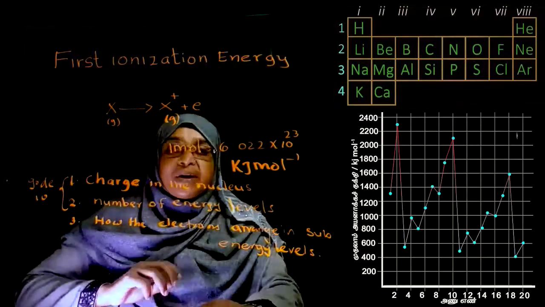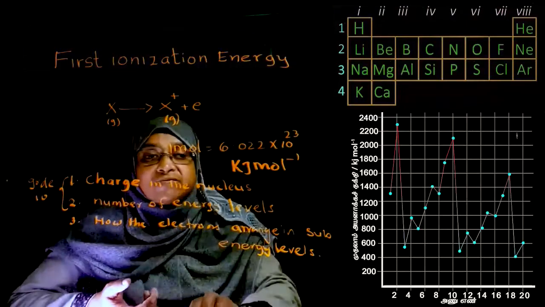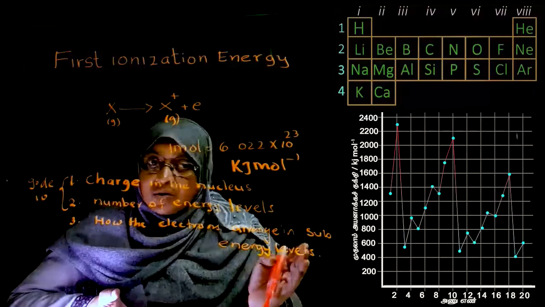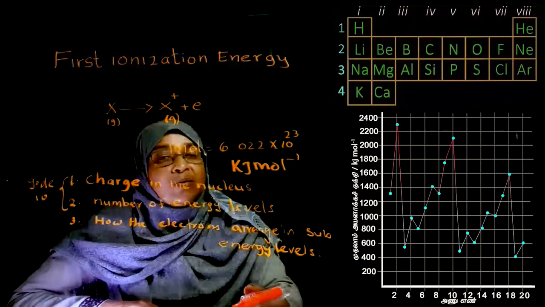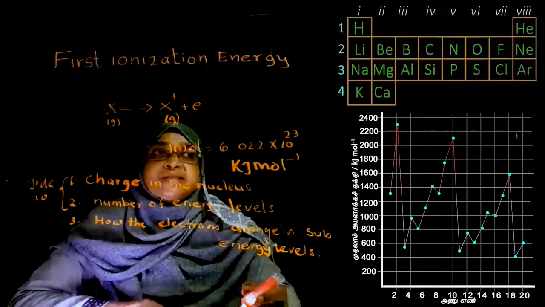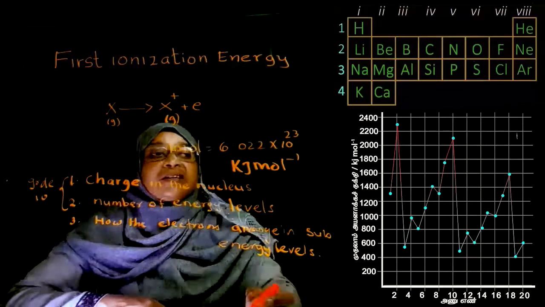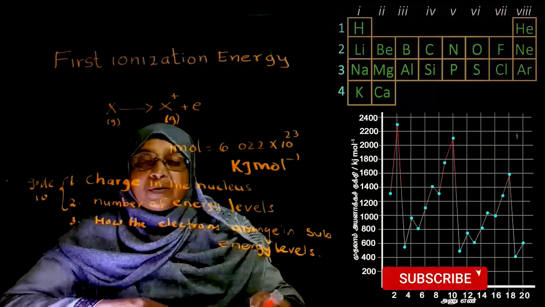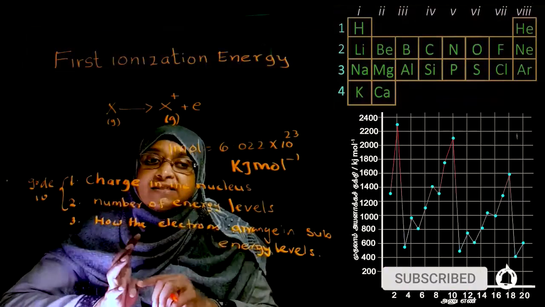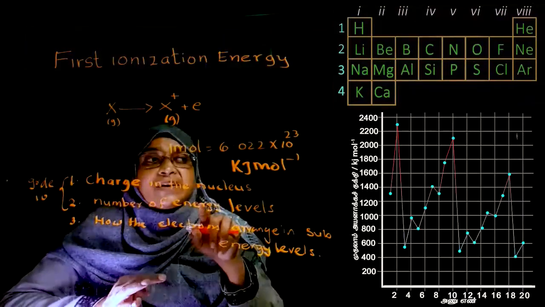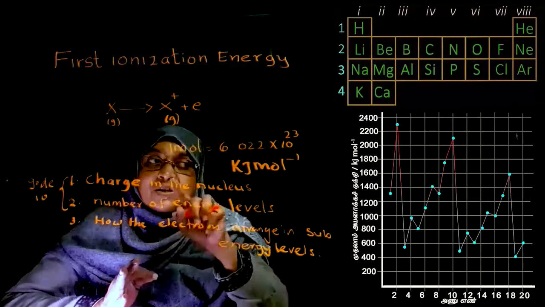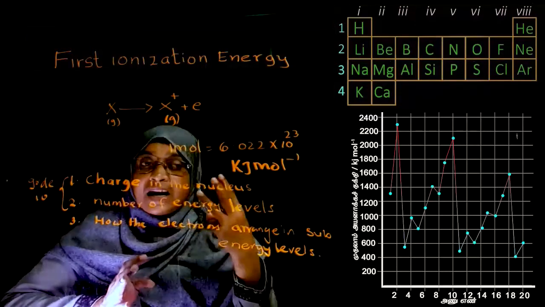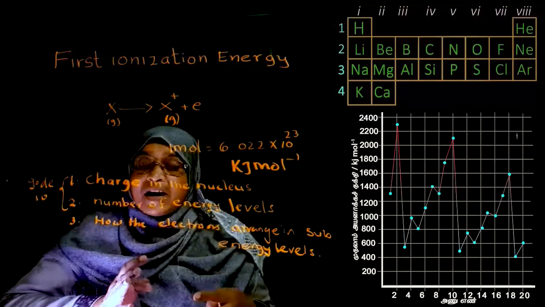In the same manner, the first ionization energy varies in the third period also. Now let us see how it varies down the group. In the first group, hydrogen has 1 energy level, lithium has 2, sodium has 3, potassium has 4.